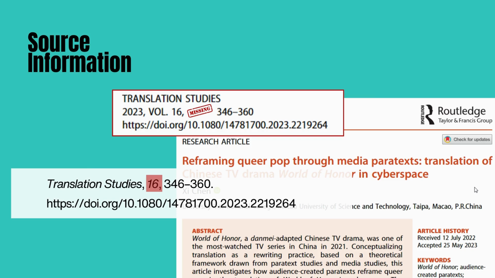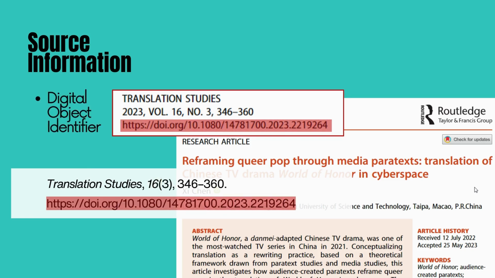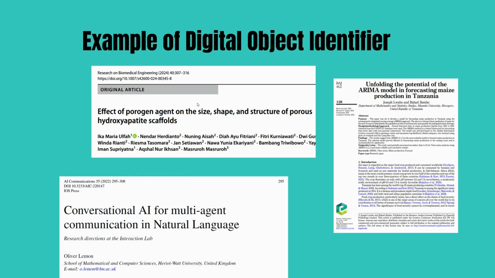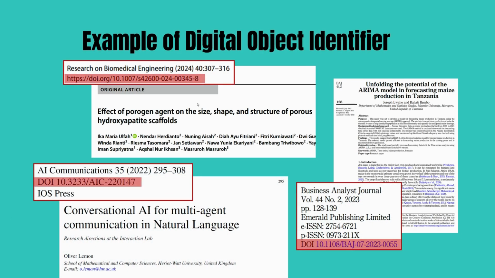Another piece of information you'll want to include is the Digital Object Identifier, or DOI, if one is available for the source you're citing. The DOI may appear in the following formats in an article.